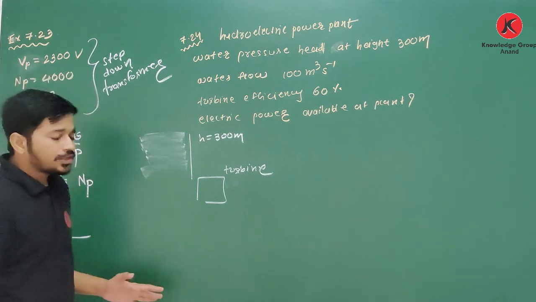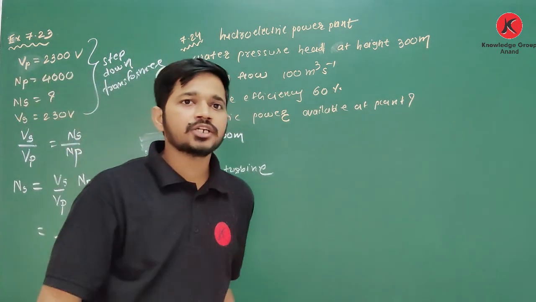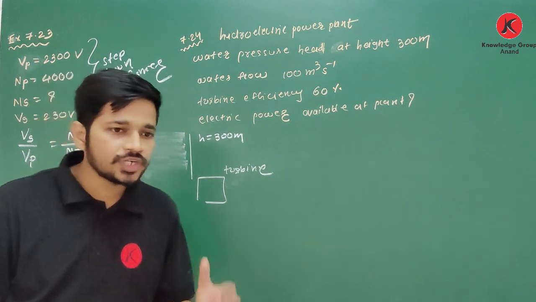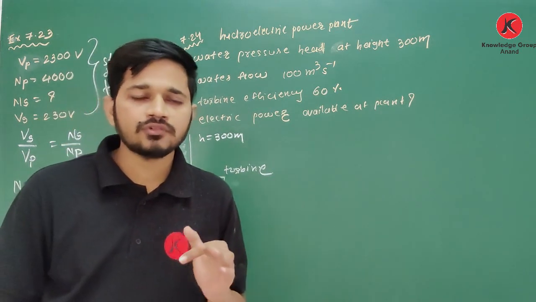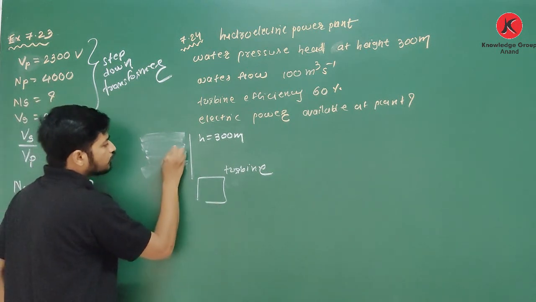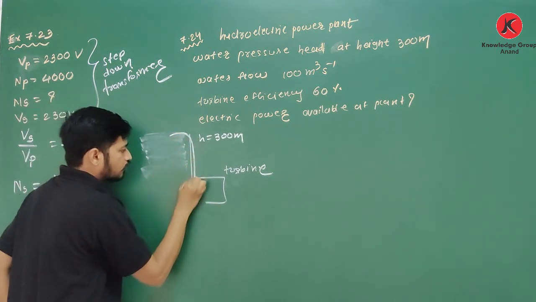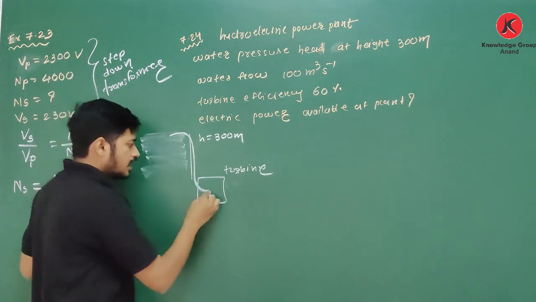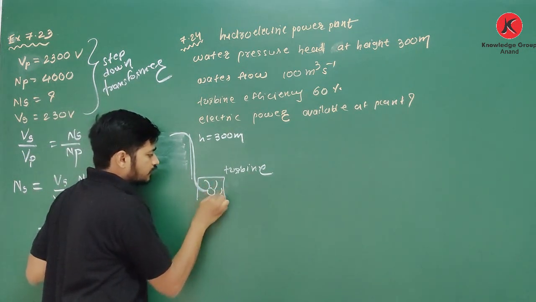Okay, so now what is the function of turbine? Turbine is used to rotate the shaft of a generator. In a turbine there are vanes like this.